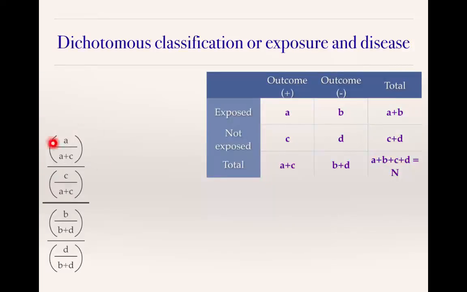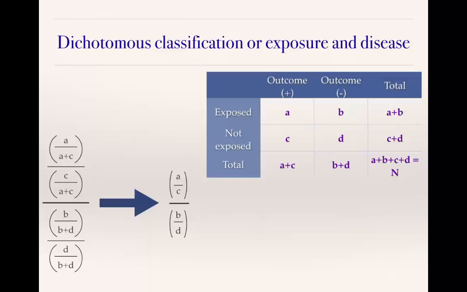all those with the outcome, divided by those exposed without disease over everyone without the disease, divided by those without the disease who aren't exposed over everyone without the disease. And if that is a little bit of a mouthful, looks like it should be a mouthful, we can break that down to look like this.